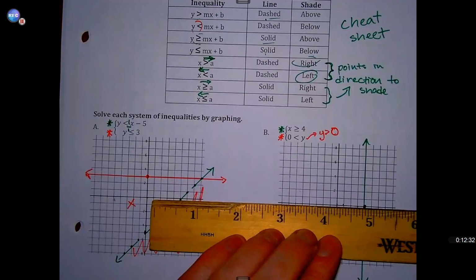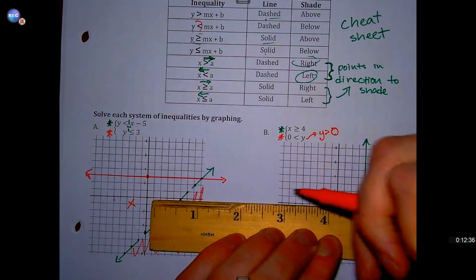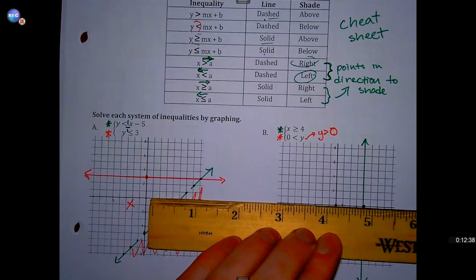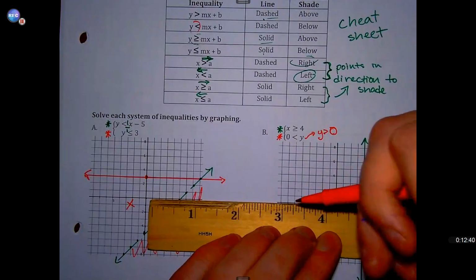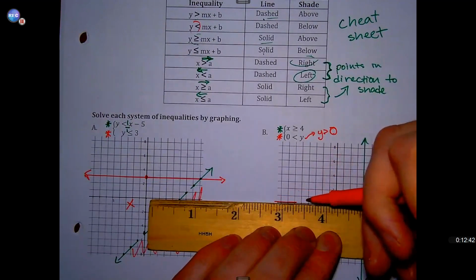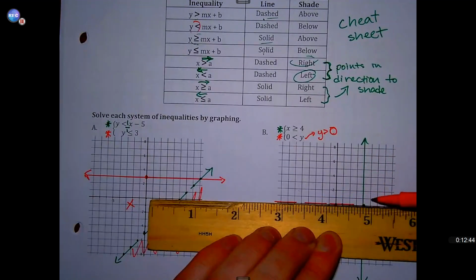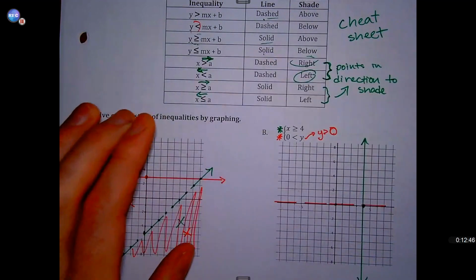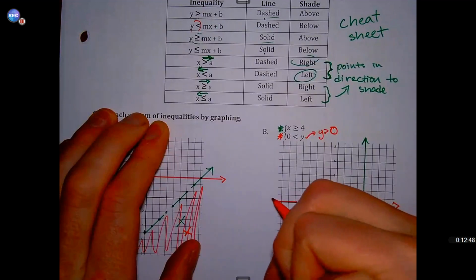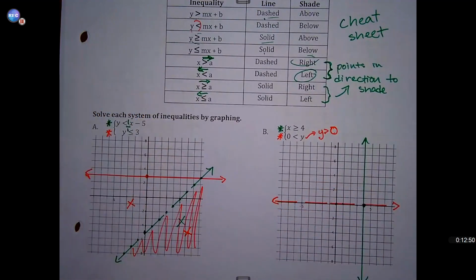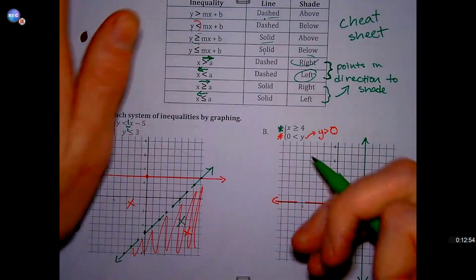That's 0 on the y-axis. It's a dashed line, so I'm going to put it a little bit up so you can see it a little bit better through here. We're just going to have a dashed line running atop here. Just like that.